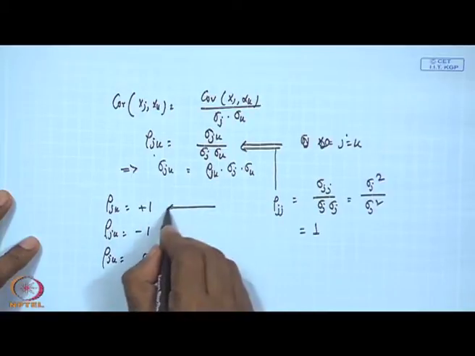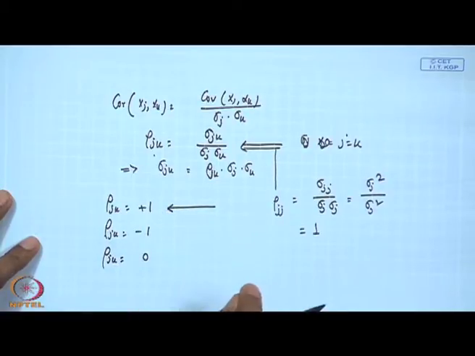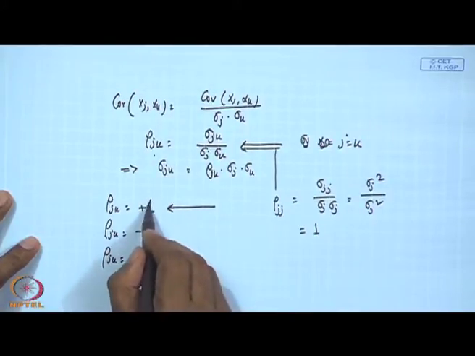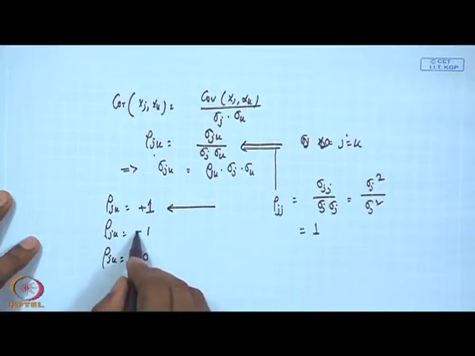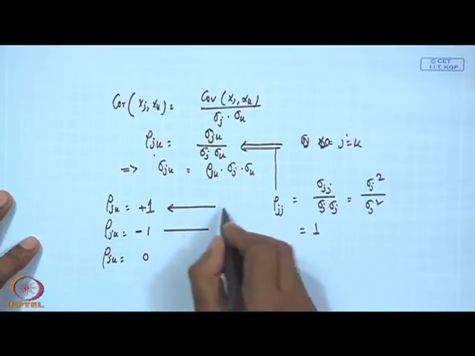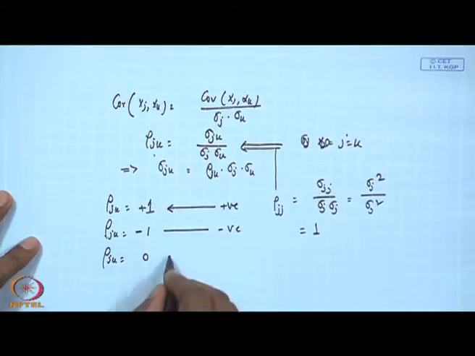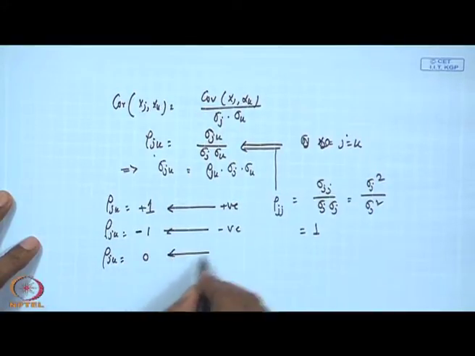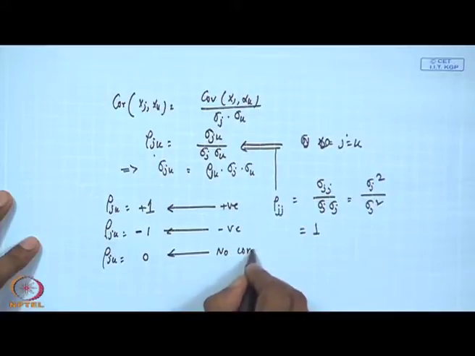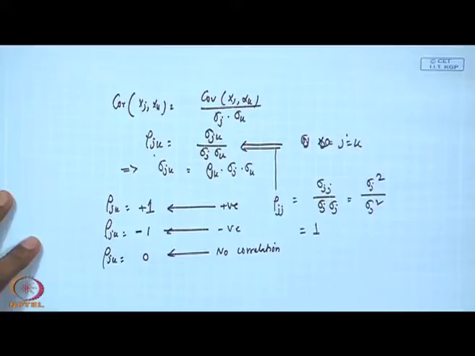This one is saying perfectly positively correlated, and 1 stands for perfect correlation. This minus stands for negative. So, that means this is positively correlated, this is negatively correlated, this one has no correlation: positive, negative and no correlation.